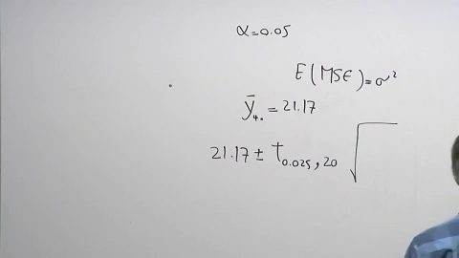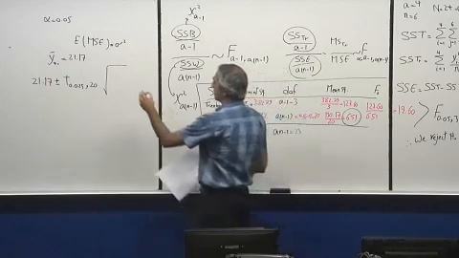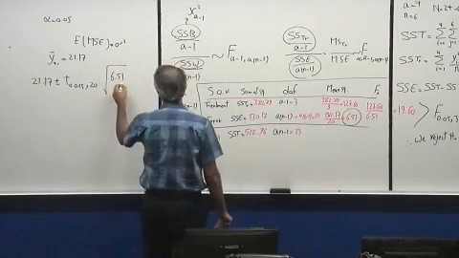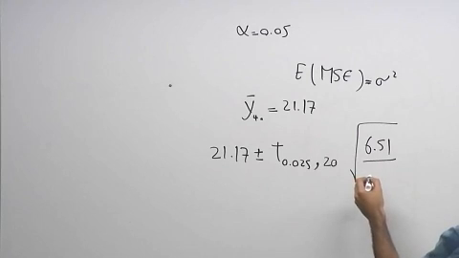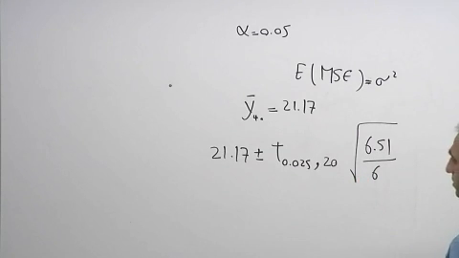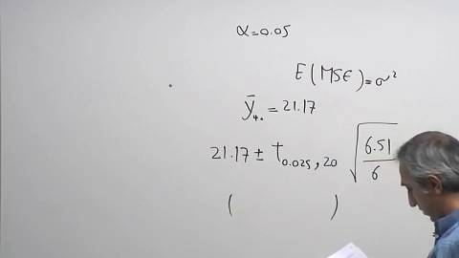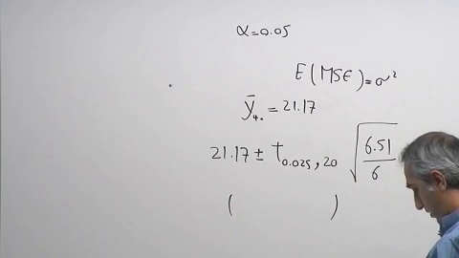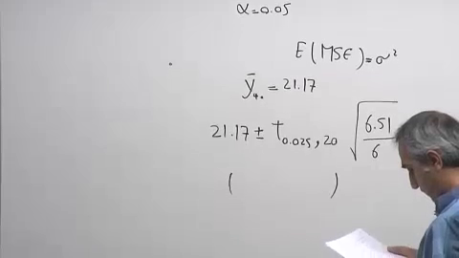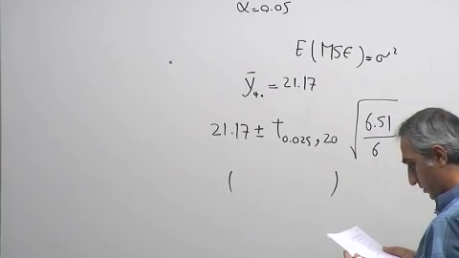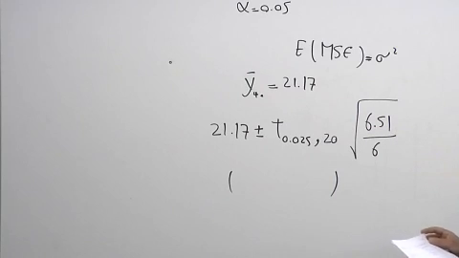I need to find my MSE. MSE is right here, 6.51 divided by n. In this case, n is 6. Then I can find the lower and upper bound. If I do that, the lower and upper bound is, see if I can find it. Actually, I don't have the exact values.